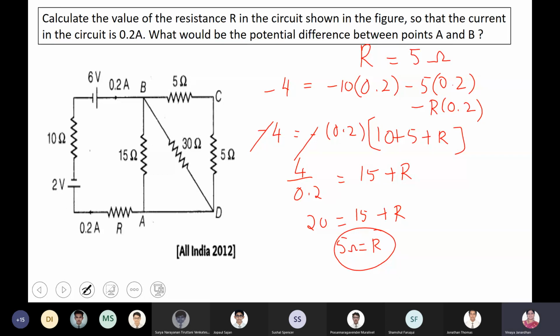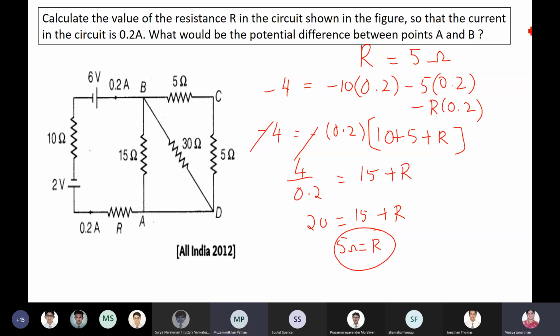Now, can you find the potential difference between, what is the question? Potential difference between the points A and B. So what is the equivalent resistance between A and B? Between points A and B, the equivalent resistance is 5 ohms.